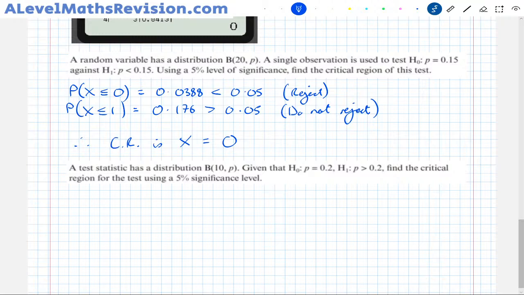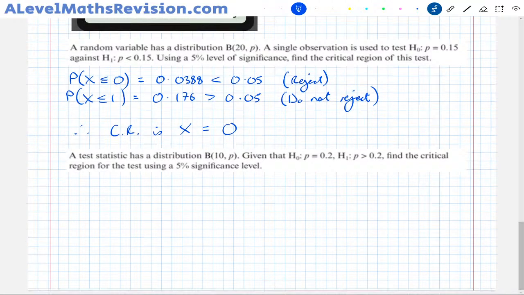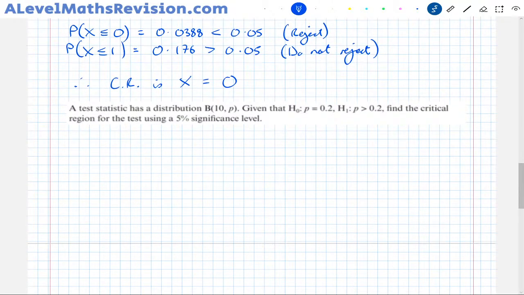So I'm about to tell you the theory behind why I'm about to do what I'm about to do here. So we want the probability such that x is greater than or equal to a particular number, because we're testing to the right, so the right-hand tail, to be less than the significance level, less than 0.05. But unfortunately our calculator only does less than or equal to.